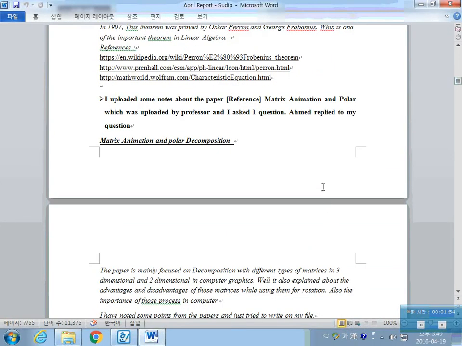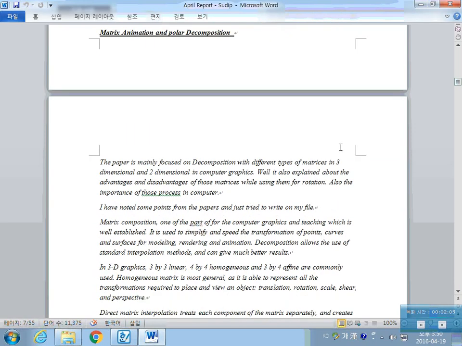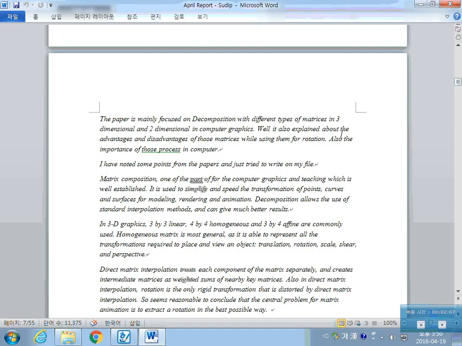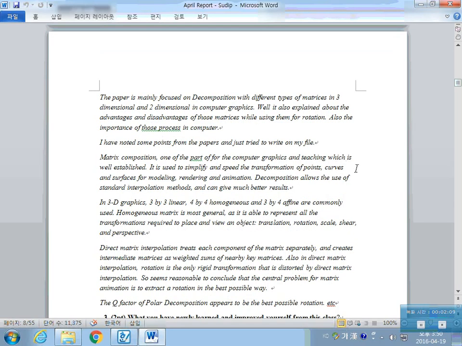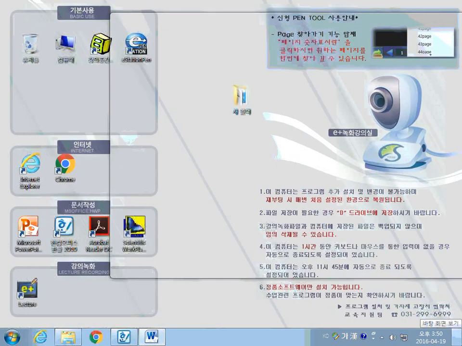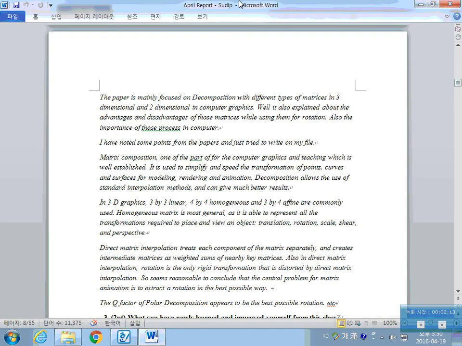I also tried to summarize one reference paper uploaded by the Professor, about matrix animation and polar decomposition, and I wrote some notes about it. This paper is about rotation in graphics. In rotation, they use 2x2 and 3x3 matrices and no other matrices.